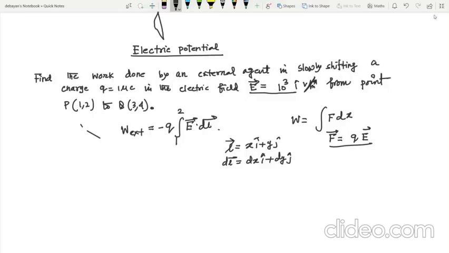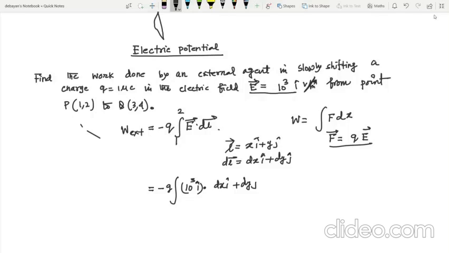You can just put the values in that particular section, then E is nothing but 10^3 i cap, dot dl which is dx i cap plus dy j cap.